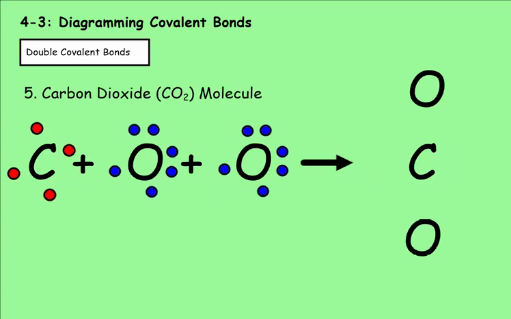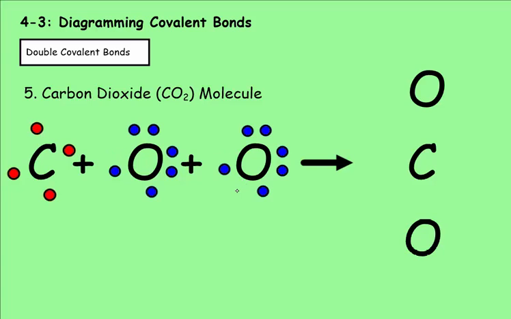Let's do one more double bond. Let's take a look at the carbon dioxide molecule, for example. We see that carbon has 4 valence electrons, and oxygen, as we've seen before, has 6 valence electrons. So this is why carbon dioxide is made so easily. We see that oxygen here is missing 2, this oxygen is missing 2, so if you add those together, that's 1, 2, 3, 4 that are missing.